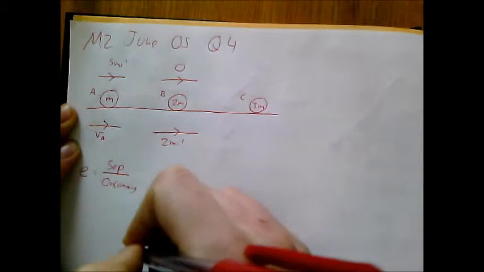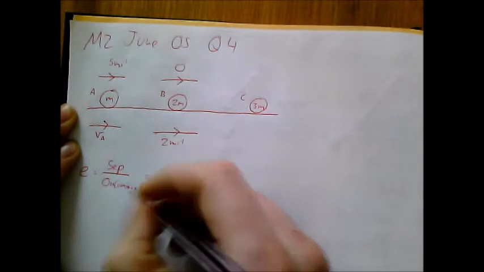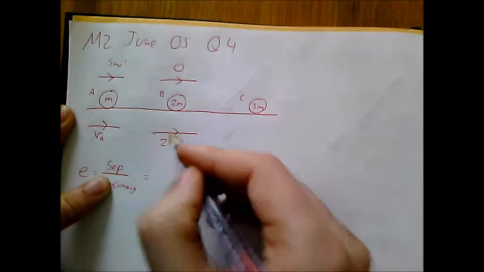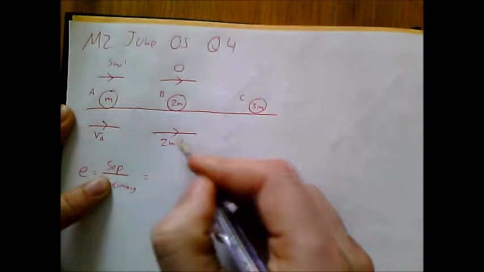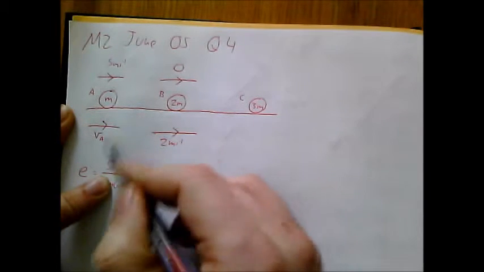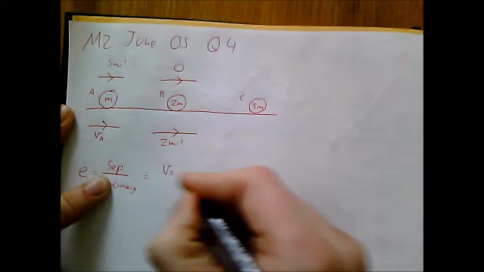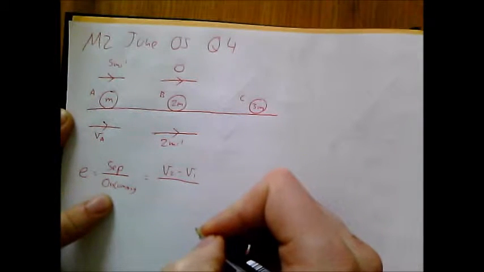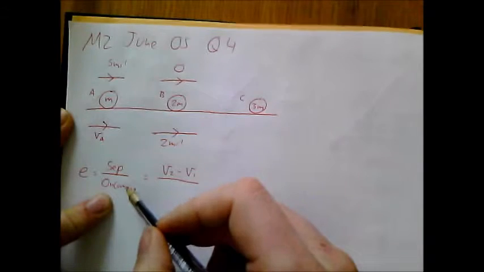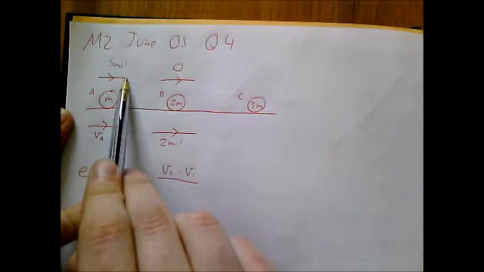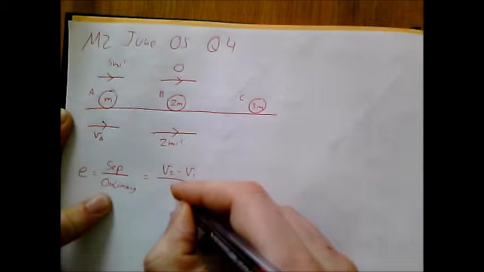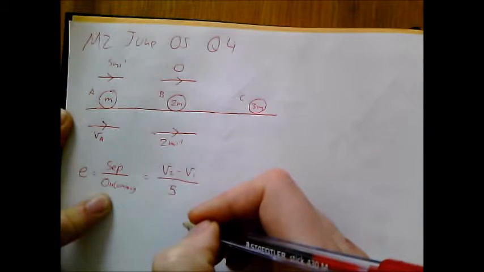They separate at the second velocity minus the first velocity, so 2 minus VA, and their approach speed is 5.